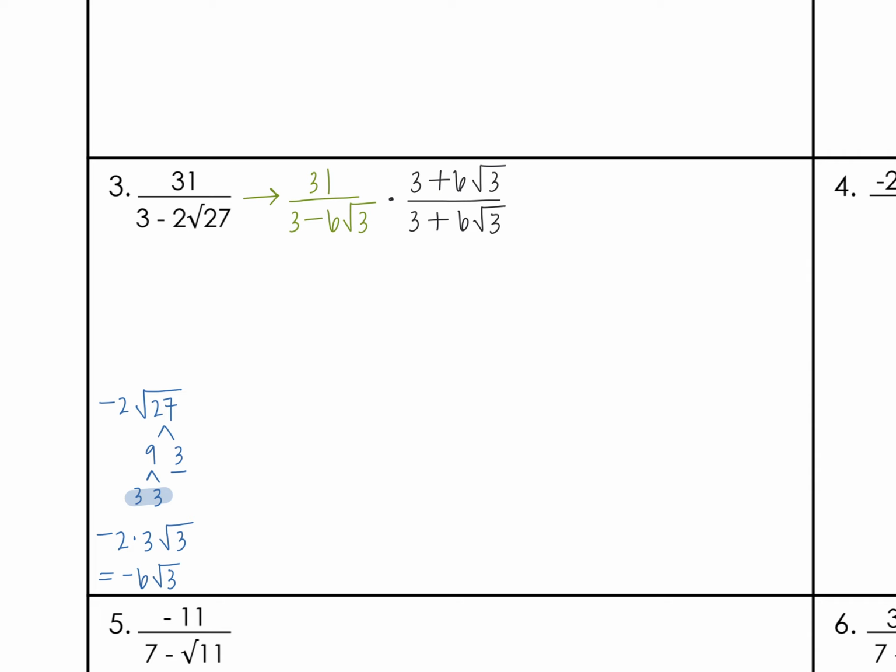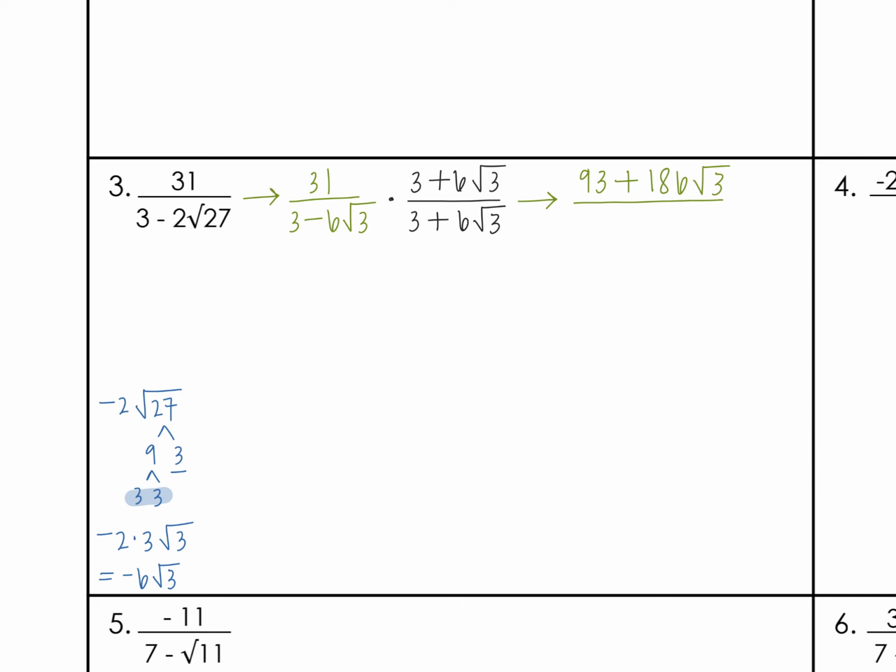And so for our numerator here, we are just going to distribute that 31 to both terms. We got 3 times that 31 will give me 93. Plus, we'll have that 6 times 31 is giving me 186. And then we'll have that root 3. And then for our denominator here, I'm going to do a little bit of scratch work to show you what is happening.